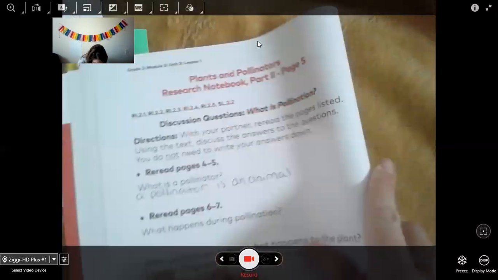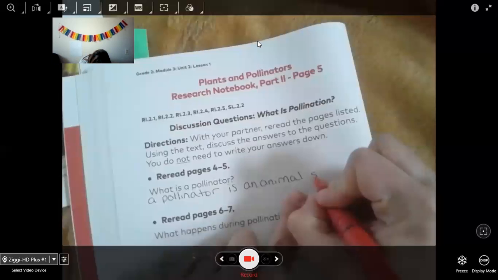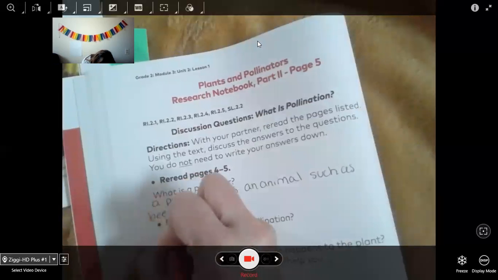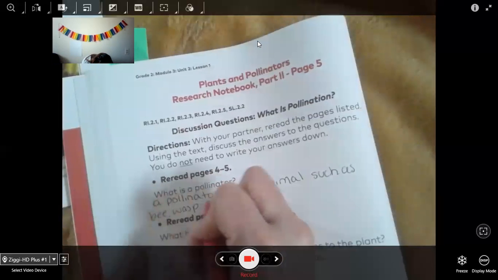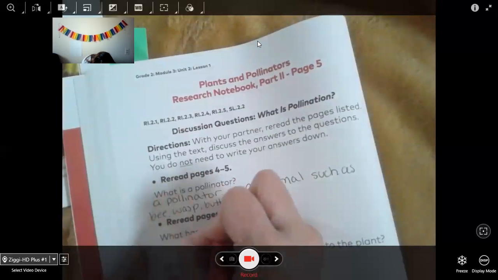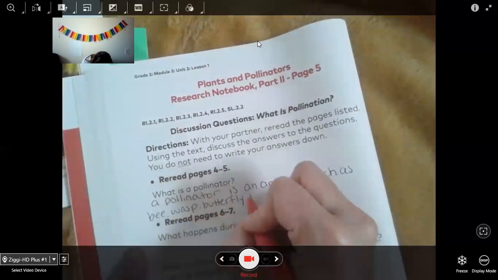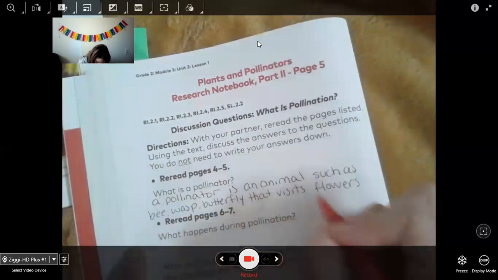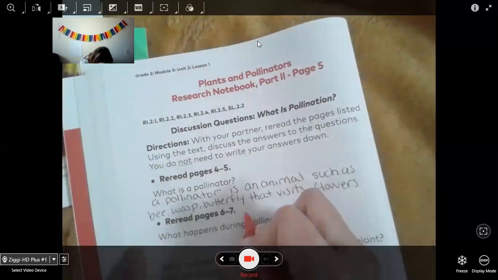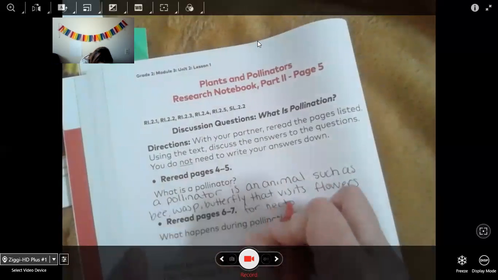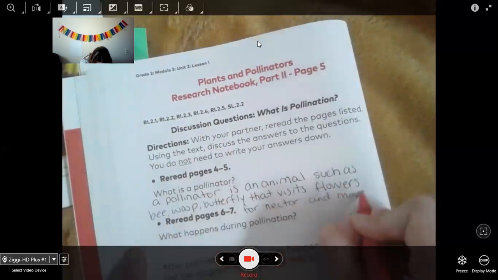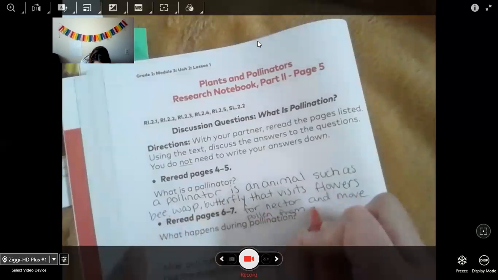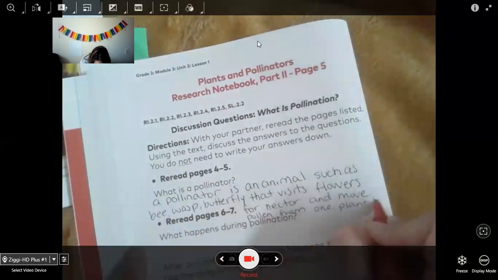A pollinator is an animal such as bee, wasp, butterfly that visits flowers for nectar and moves pollen from one plant to another.